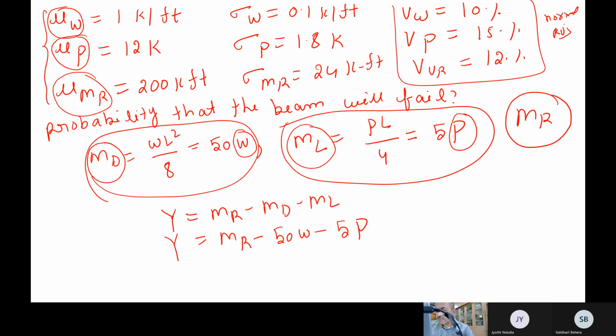So what is the dependency? See how MD and W are related.